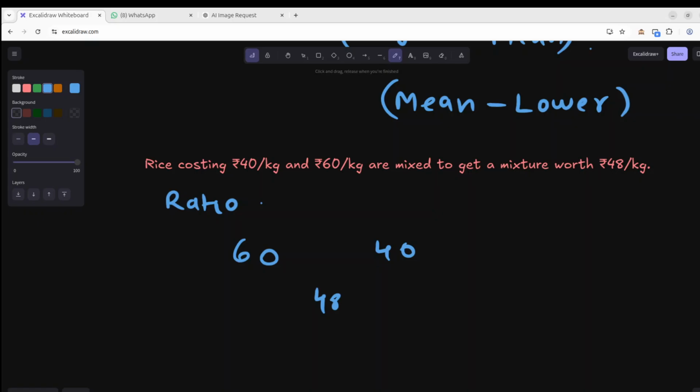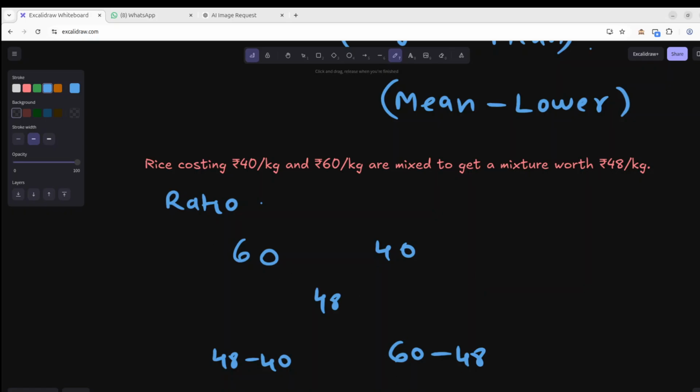Now how are we going to find the ratio? Our equation was higher minus mean, that is 60 minus 48. Now mean minus lower, that is 48 minus 40, right? Here higher value is 60, lower value is 40.